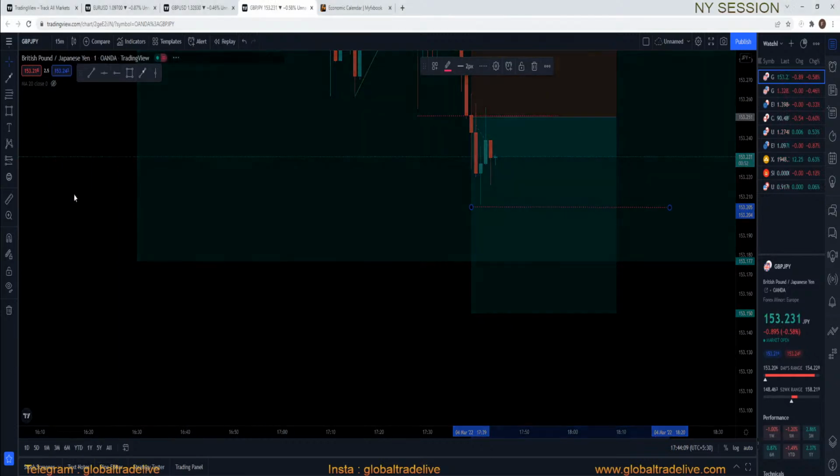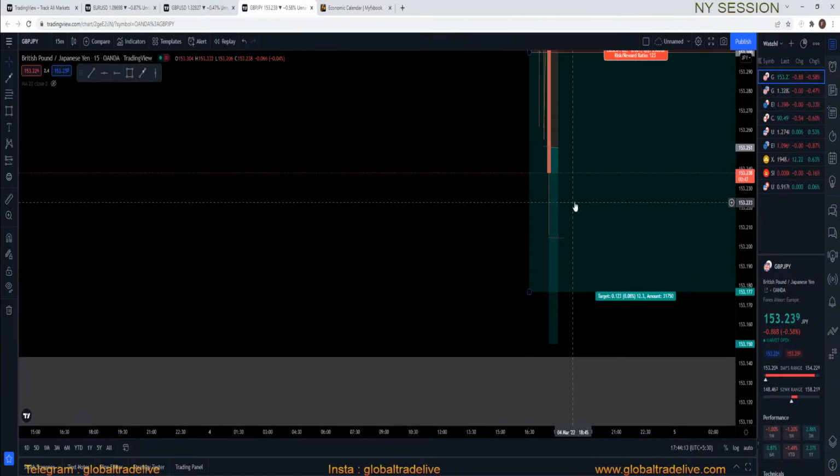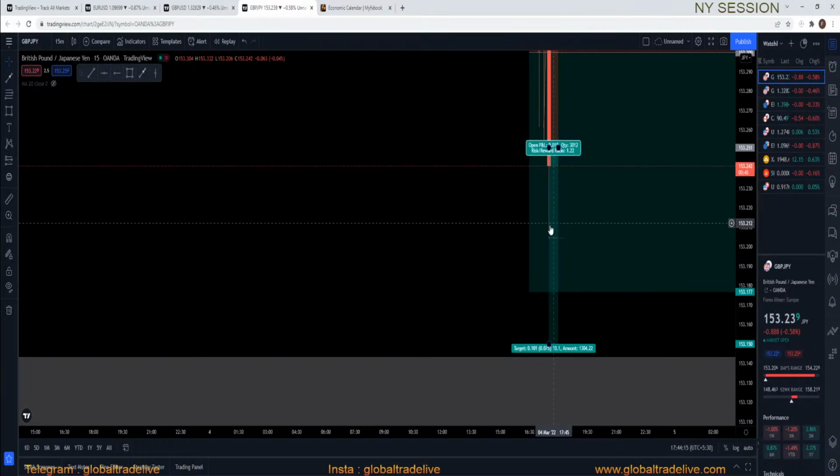The 15-minute candle is about to close in 1 minute. Let's see if it just falls back down.